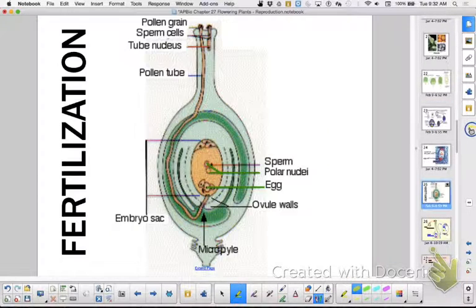One sperm will fertilize the egg. And one sperm will join with polar nuclei to produce 3N endosperm. Endosperm. Yes?